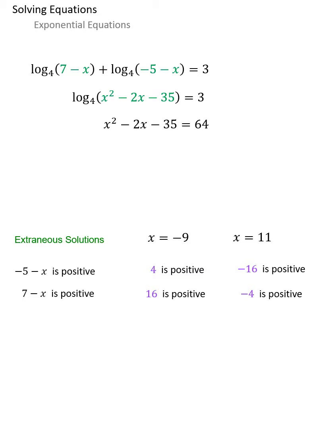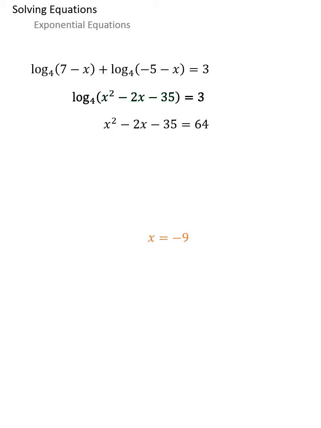We have four statements here, but two of these statements aren't true. And if those statements aren't true and they were based on the concept of x being 11, then it must not be true that x can be 11 in this equation. And therefore, x equals negative 9 is the only solution to this original equation.